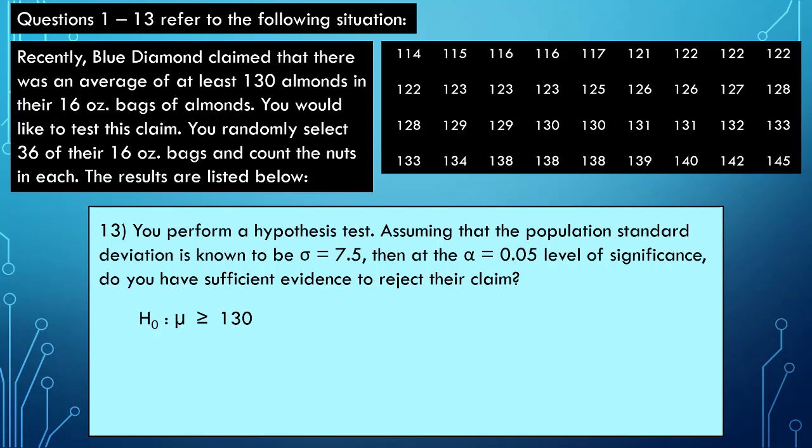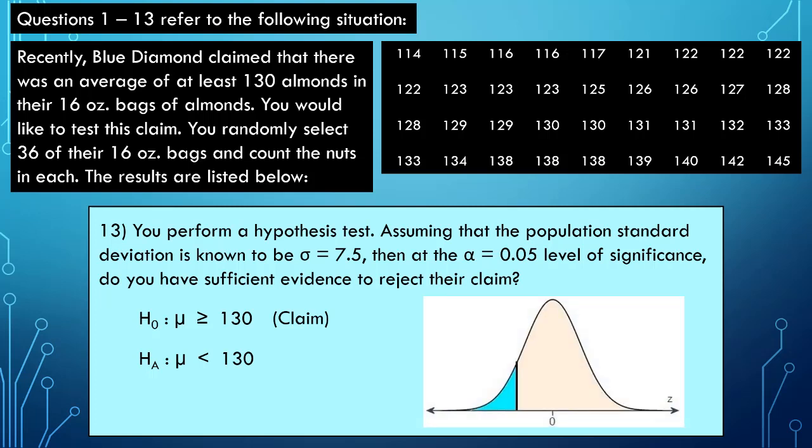H0 is mu greater than or equal to 130, HA is mu less than 130, and our claim is the H0 here. That's what came directly from the problem. This is a left-tailed test. The reason we know it's a left-tailed test is because the HA had a less than symbol.